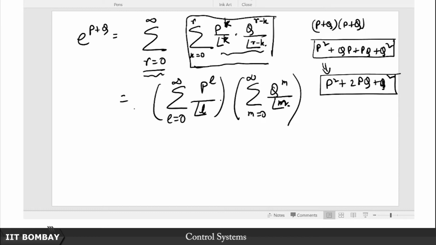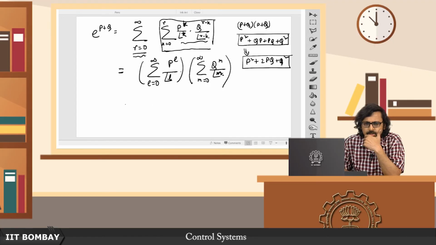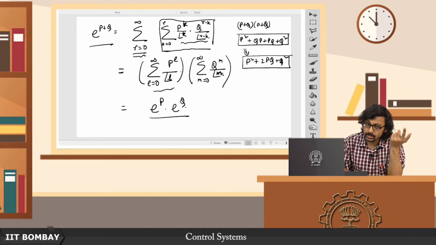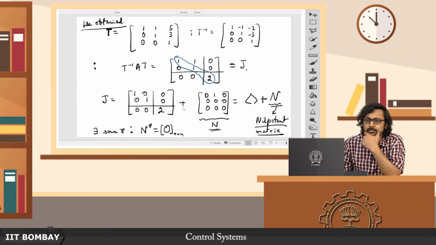Now notice where does this take us? What is this term after all? e to the p times e to the q. So if they commute, at least I have shown you that this is true, but why is this important? Now cast your attention back here. What is this Jordan form?